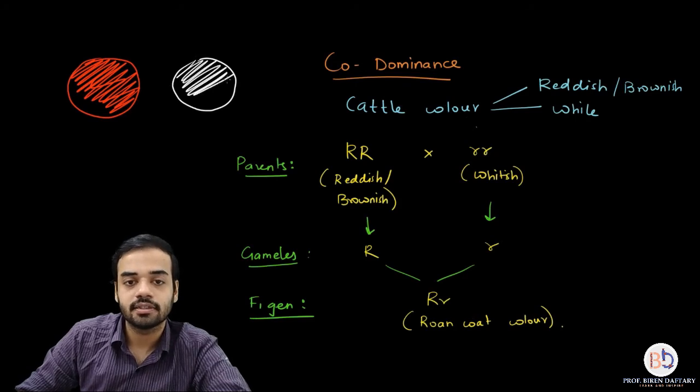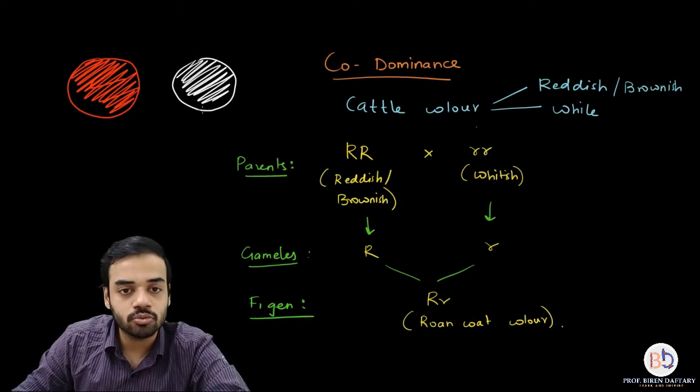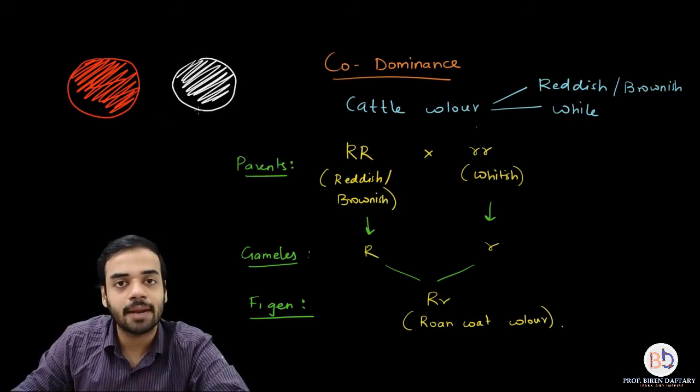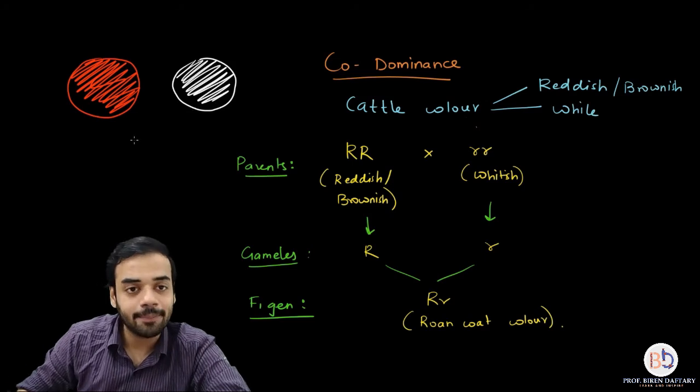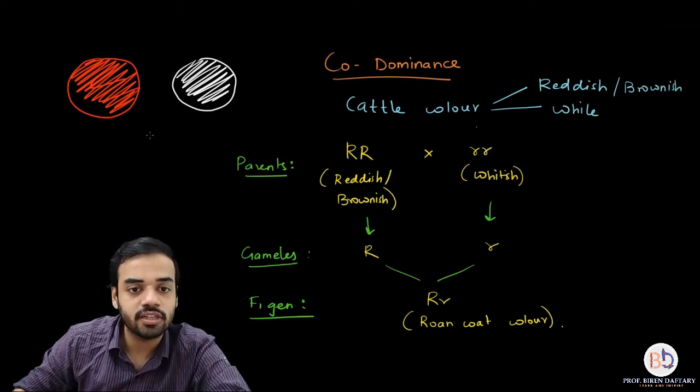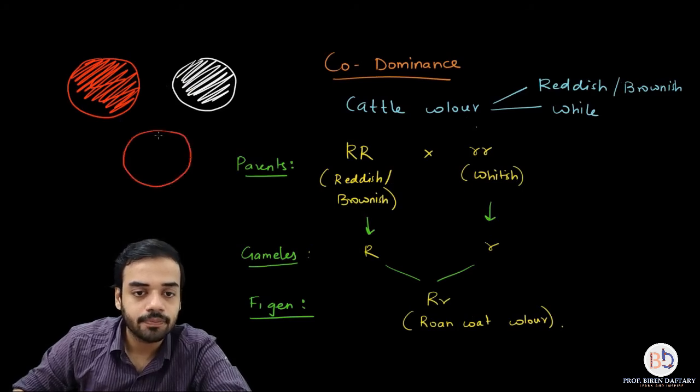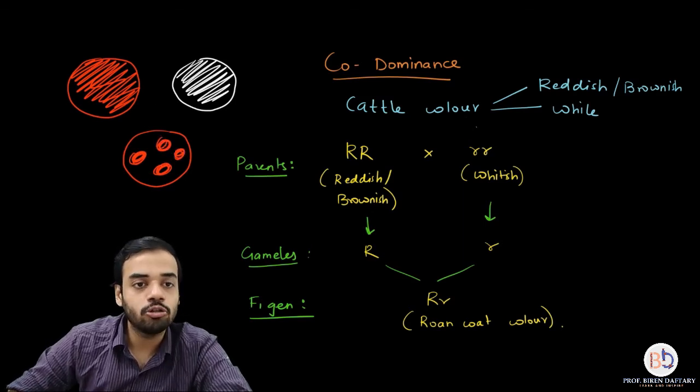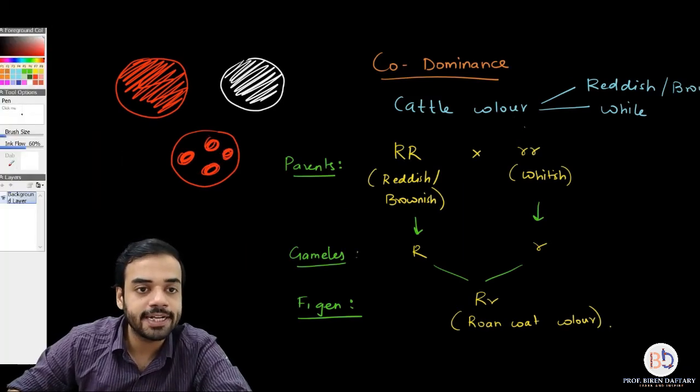These are the parents. Now when you cross these two, the F1 generation that you get is capital R small r, and that is going to be something like this. So if you see the coat of that cattle, it is going to be something like this. There are going to be red areas, and also there are going to be white areas in that coat.